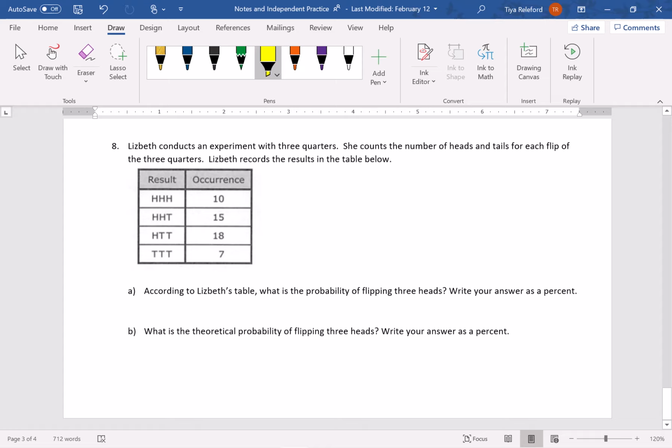Lizbeth conducts an experiment with 3 quarters. She counts the number of heads and tails for each flip of the 3 quarters. Lizbeth records the results in the table below. According to Lizbeth's table, what is the probability of flipping 3 heads? Write your answer as a percent. So how many times did she get 3 heads? 10 out of how many times total? I think 10 out of 50. Now we're going to write that as a percent.